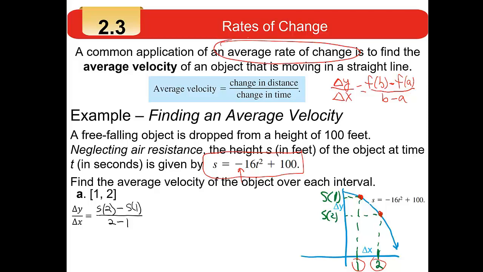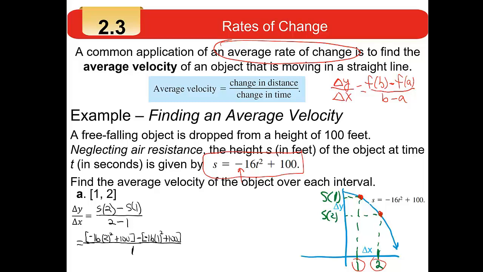Now, I don't know if you want to call it memorizing it or not, but you need to be familiar with how to pop that right down from your brain onto the piece of paper. When you see average rate of change, that's your formula, but it's just rise over run. In this case, the function is s instead of f, and the interval, instead of being a to b, is 1 to 2. So you plug in, you get s of 2 minus s of 1 over 2 minus 1.